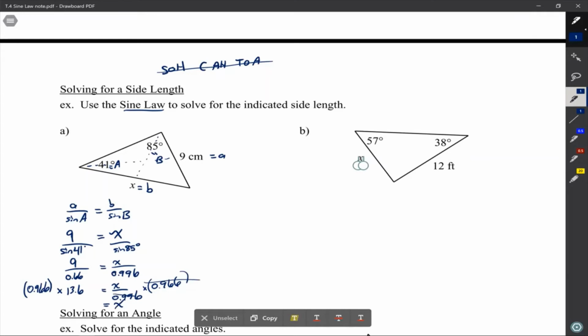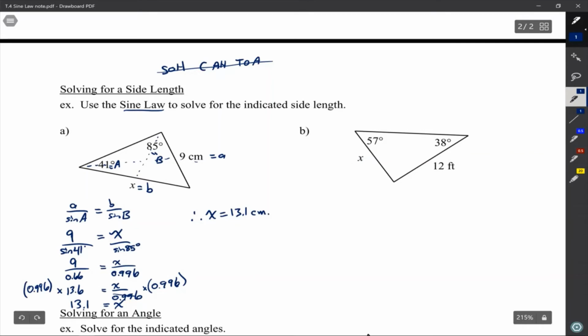On my left side, I can plug that into my calculator. 13.6 times 0.996. And when I put that into my calculator, I get 13.1. Therefore, the side length x is 13.1 centimeters.